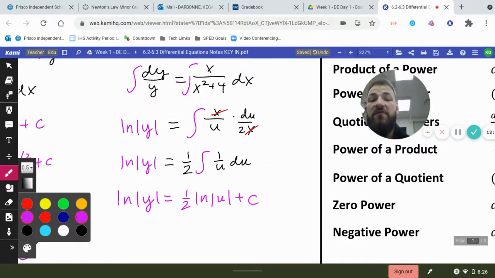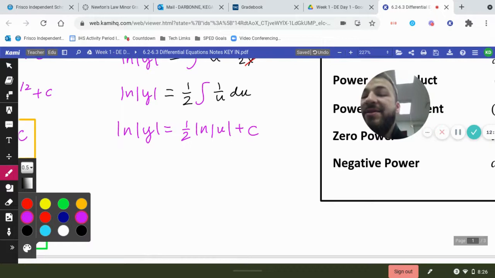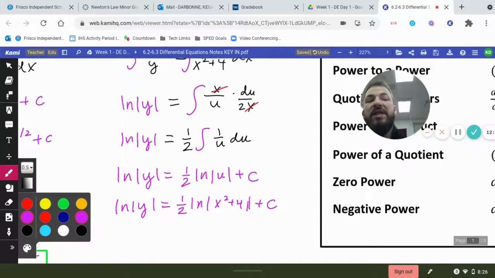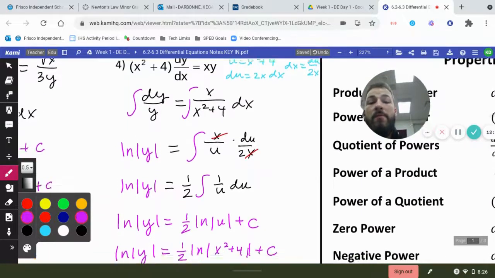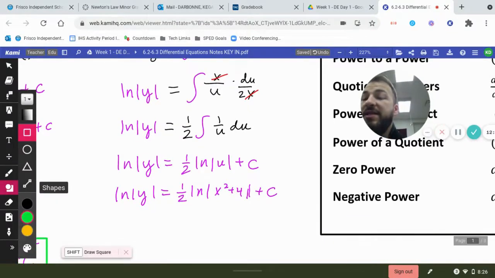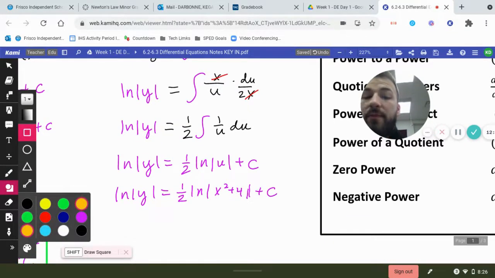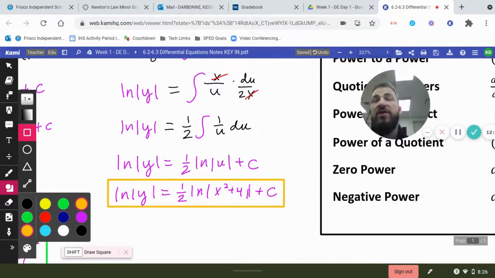From here I just need to plug back in my x, so we get natural log of absolute value of y is equal to 1/2 natural log of the absolute value of x squared plus 4, and then of course your plus c. So this is our final answer if we are not having to solve for y.